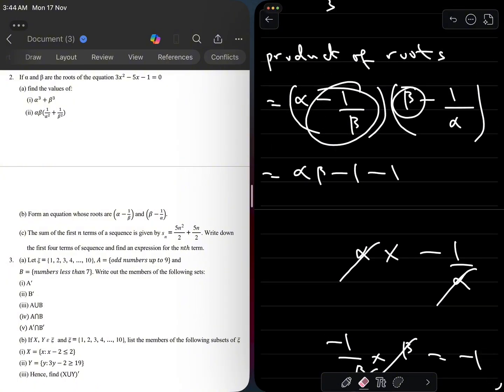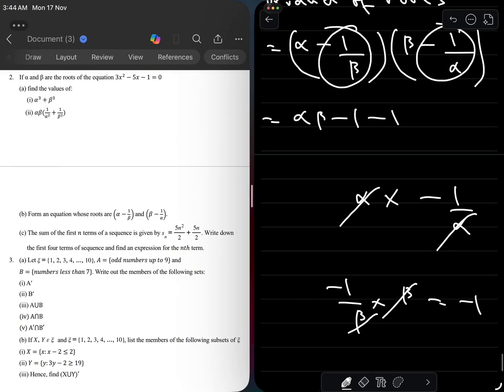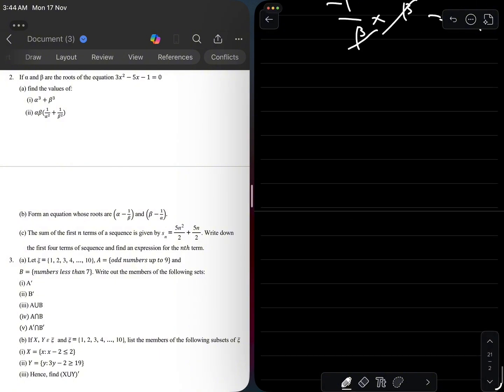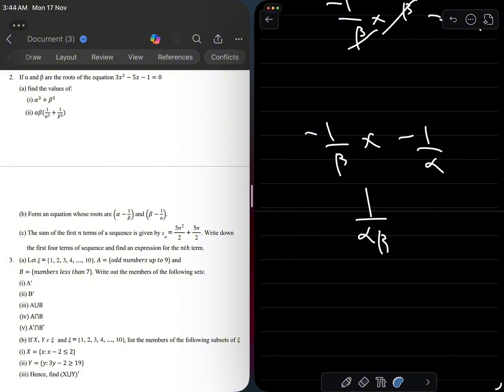And now minus 1 over beta times minus 1 over alpha. That's plus 1 over alpha beta. You can check that.